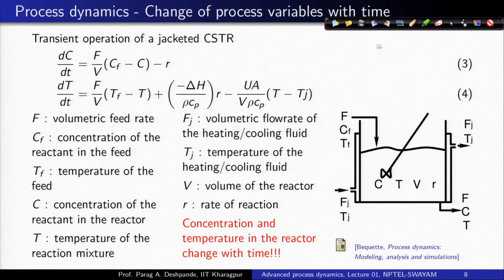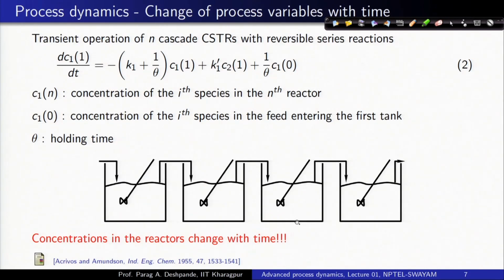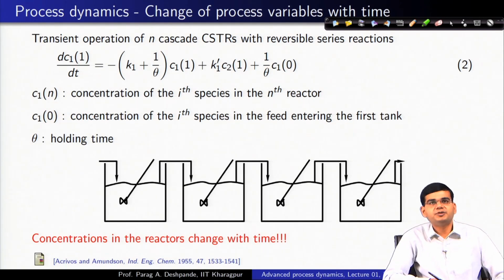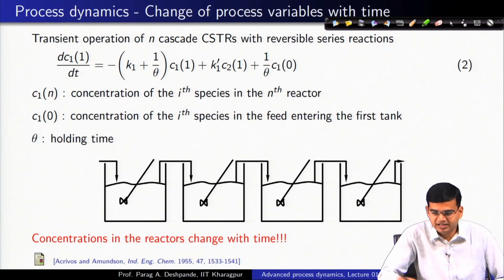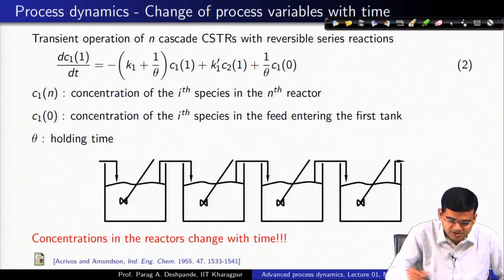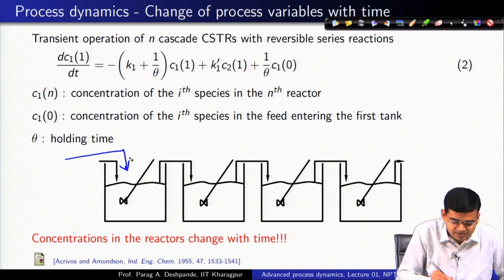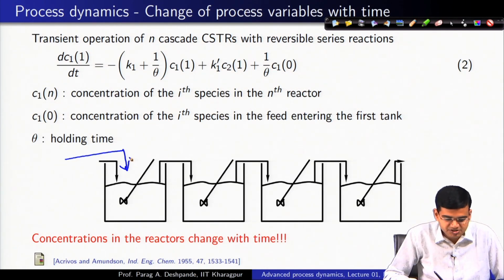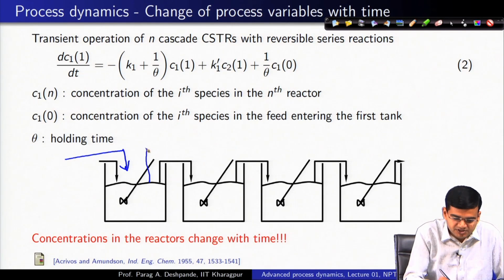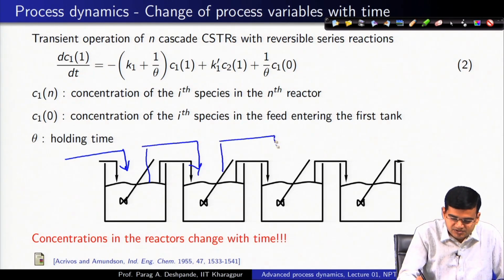Finally, we can take one more example, the example of CSTRs in series. So, again you have transient operation of n cascade CSTRs with reversible series reactions. It is not very difficult to see from this schematic that you have a feed to the CSTR, and the reactant with some initial concentration goes to the first CSTR, from the first one it moves to the second one, and so on.